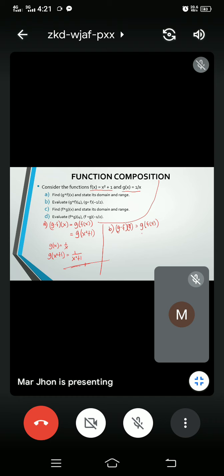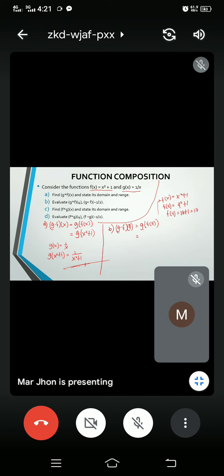Now F of X is equal to X squared plus 1, so F of 4 is equal to 4 squared plus 1, which is 16 plus 1, which is equal to 17, right?